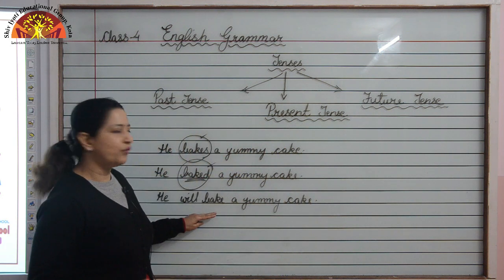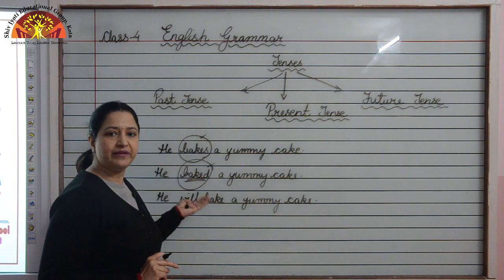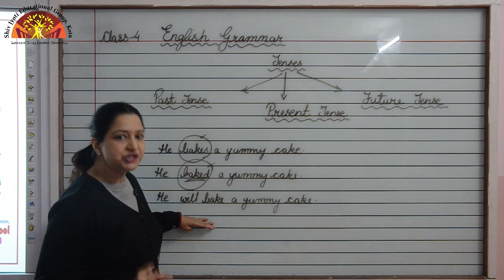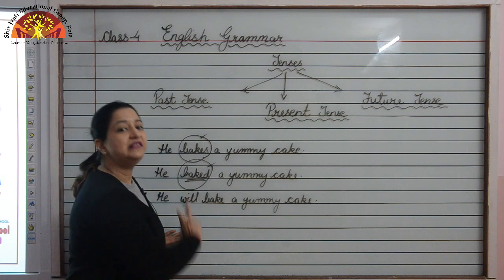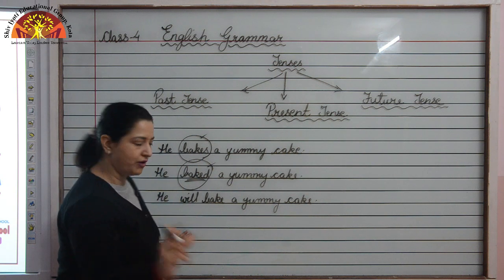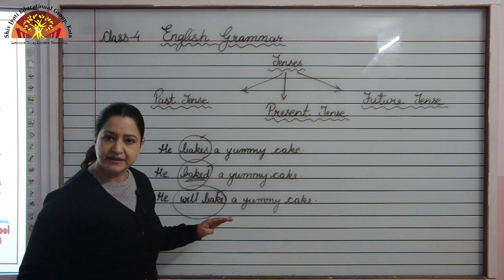Now what have we done? We have changed the verb to make a sentence of future tense. You have to add will with the first form of verb. So now this sentence is of future tense.